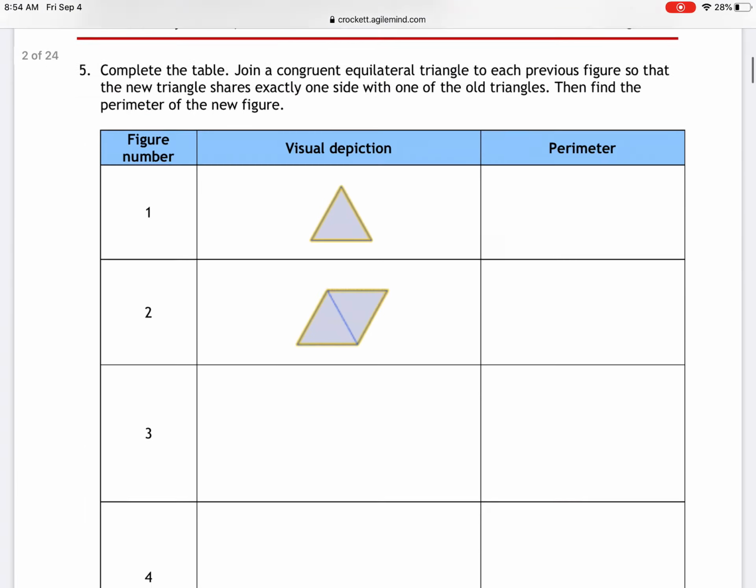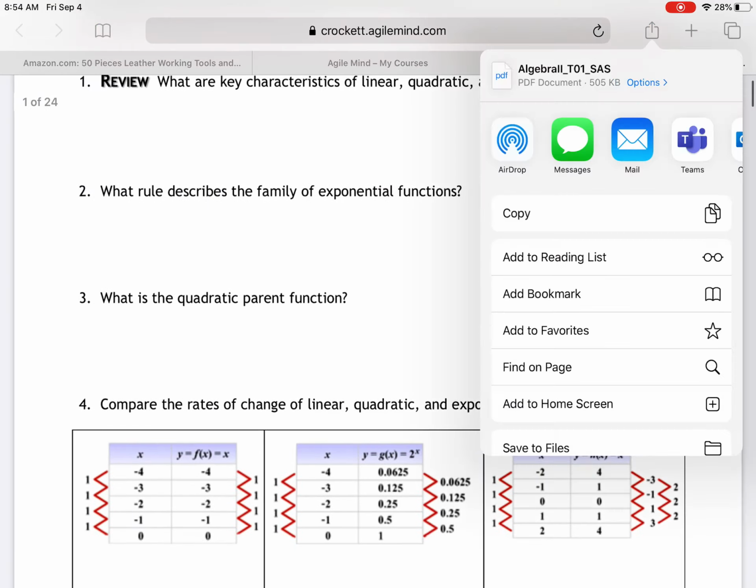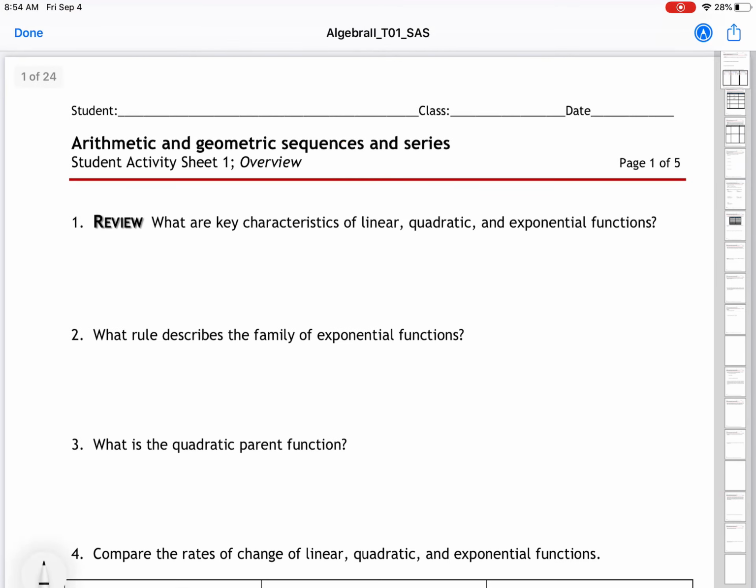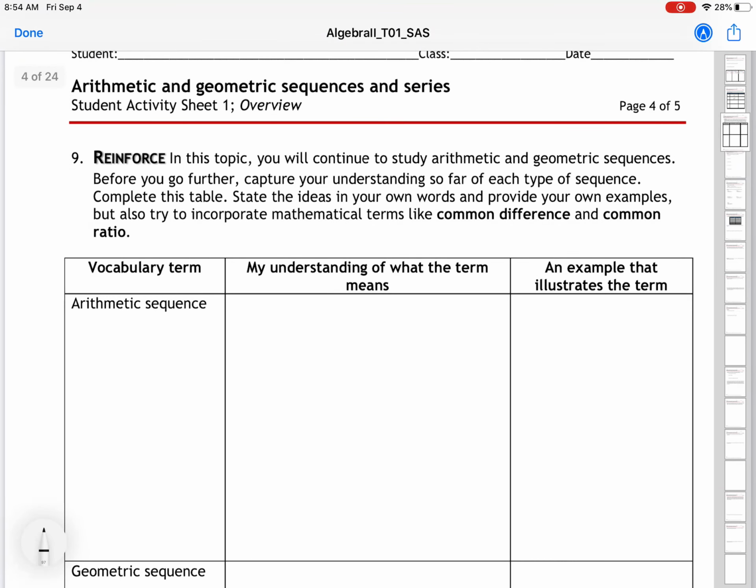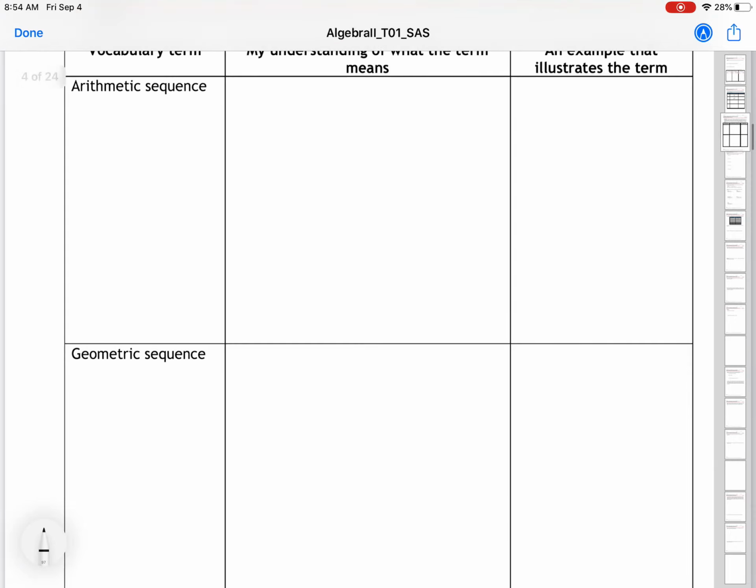Oh, it's a reinforced. Let me go to this side. All right, so we want to be right here.